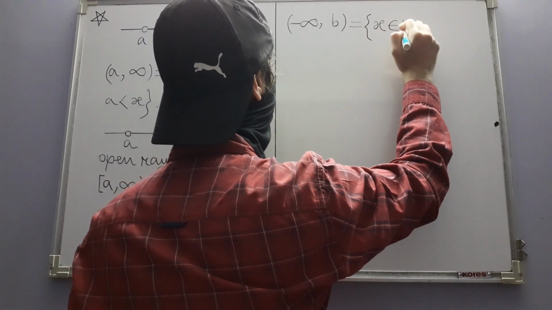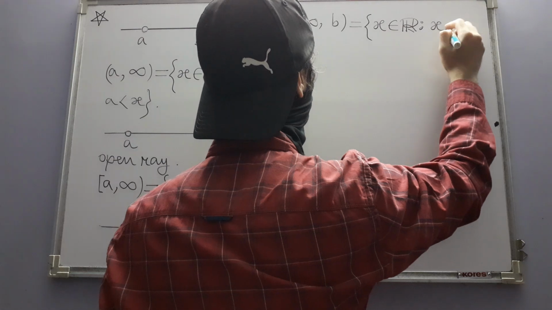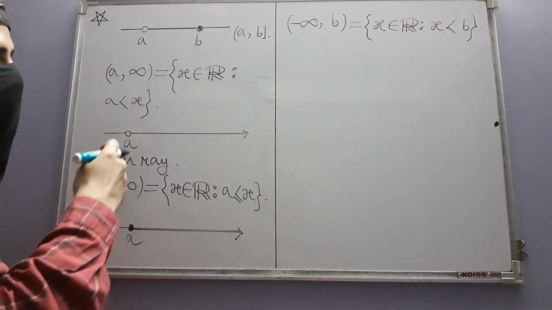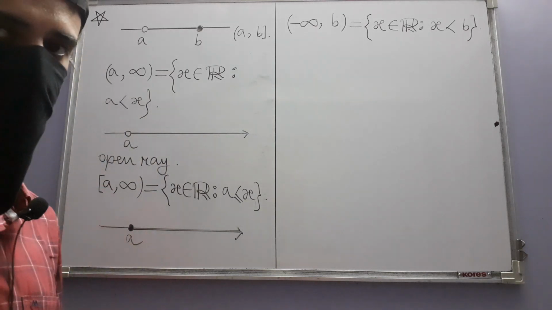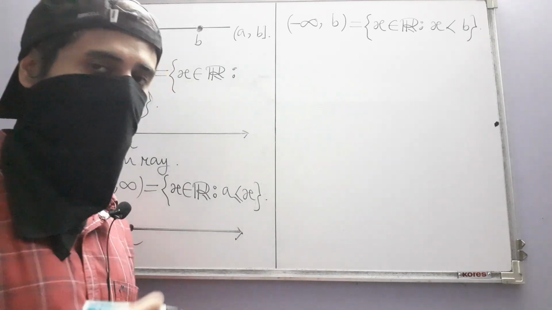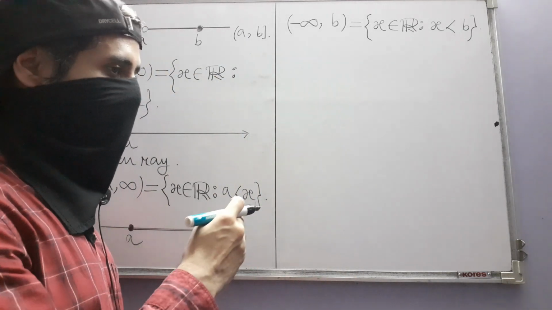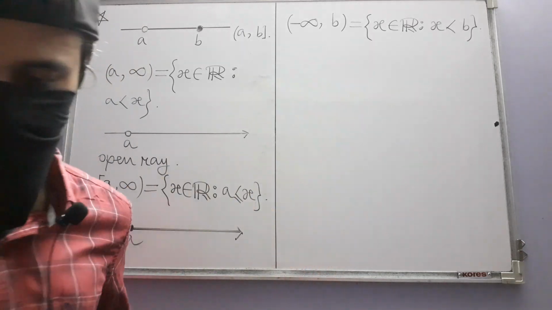This time, it is the set of all real numbers that are less than B. Now there is a right endpoint. These rays had left endpoints because they started at a point and moved to the right of that point. This ray has a right endpoint. It starts at a point and moves to the left of that point.